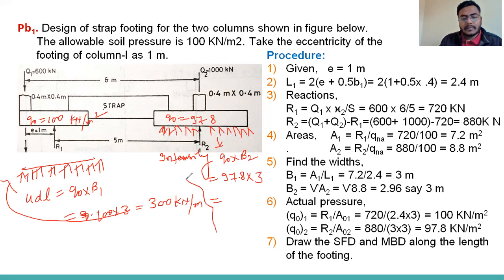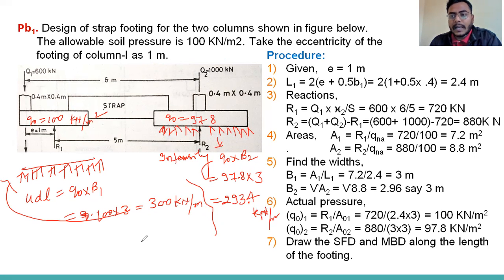So we will get some value, and that we can calculate as 293.4 kilonewton per meter.